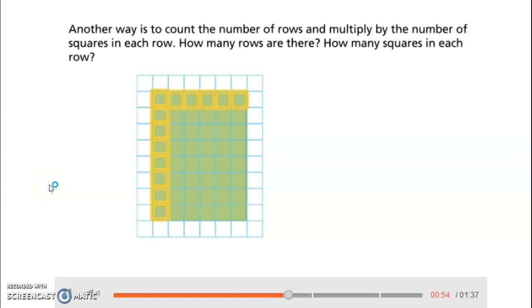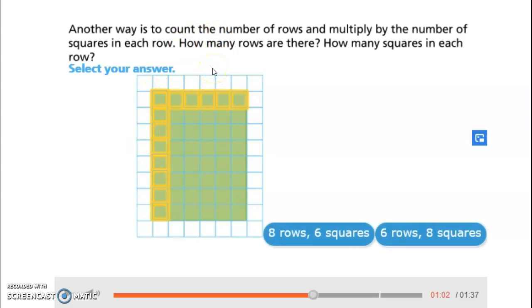Another way is to count the number of rows and multiply by the number in each row. We've been working on finding the rows and the columns, and then multiplying by that many. So we have 8 rows and 6 in each row, 6 columns.